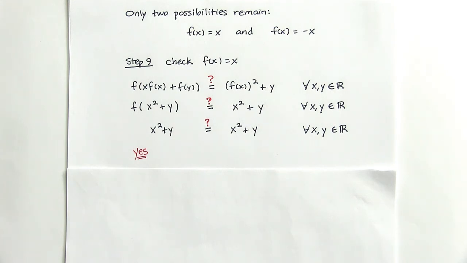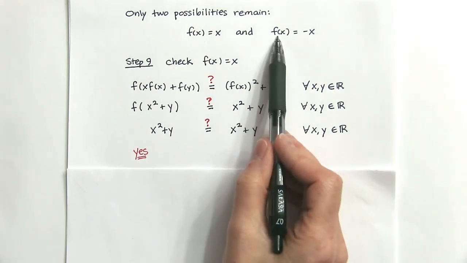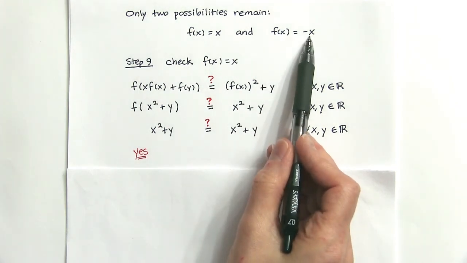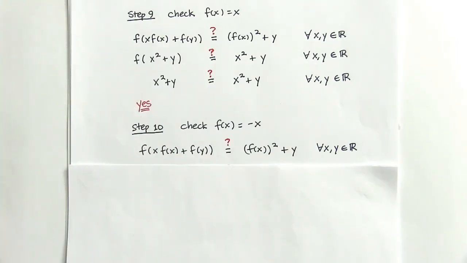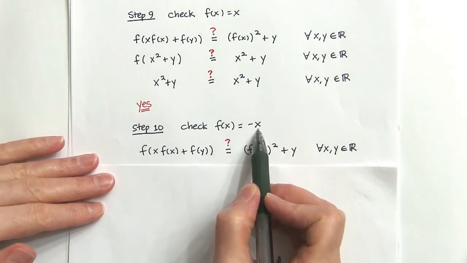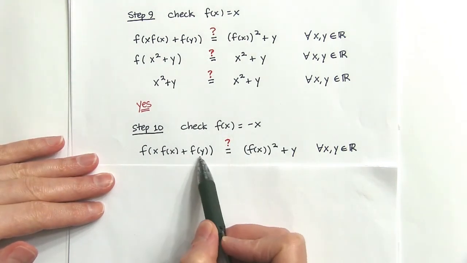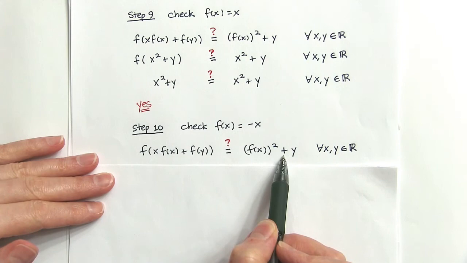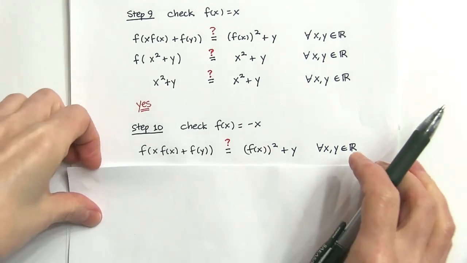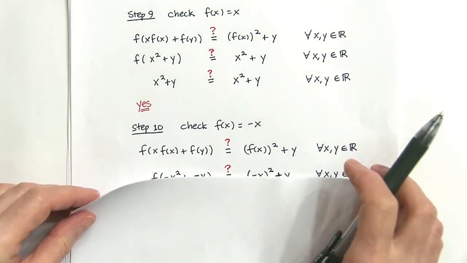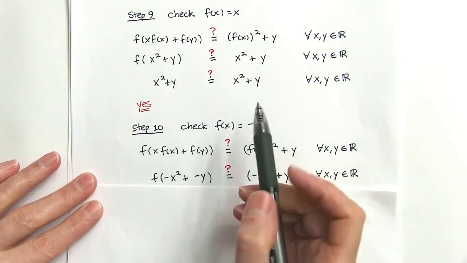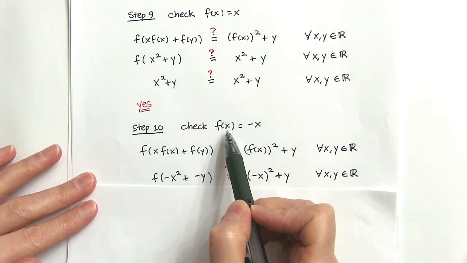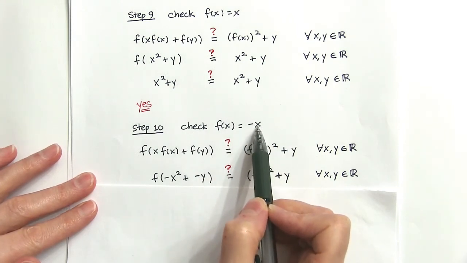And finally, step 10, what about the function f at x is minus x? And that goes like this. So for step 10, we want to know if the function f at x is minus x satisfies the condition of the problem. Well, we know that whatever we plug into f, we get the negative of that result.